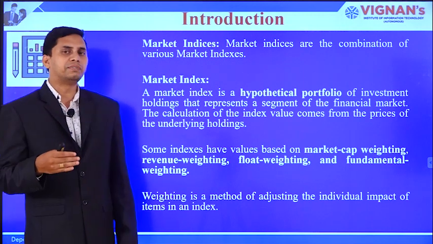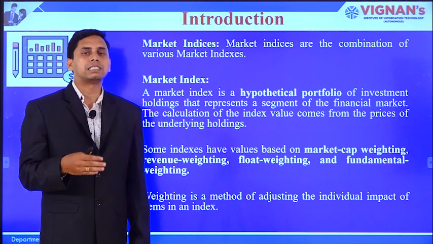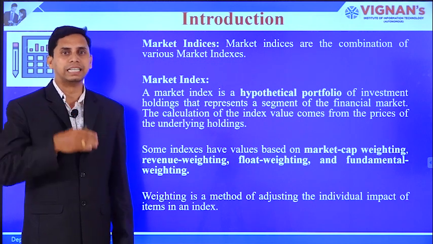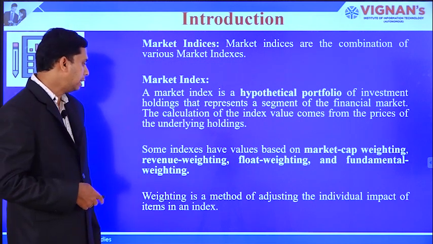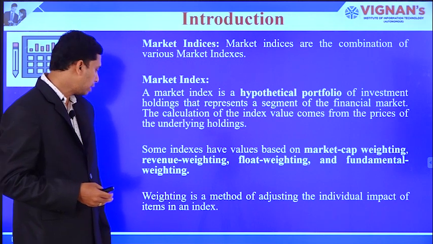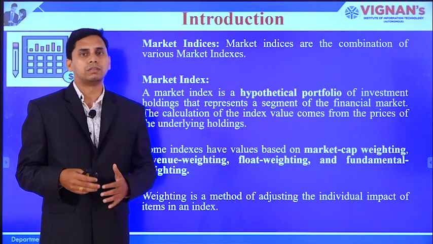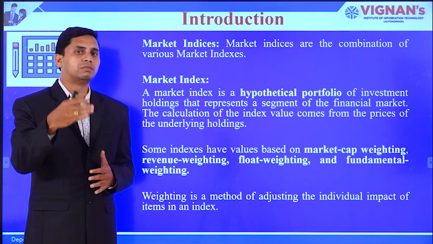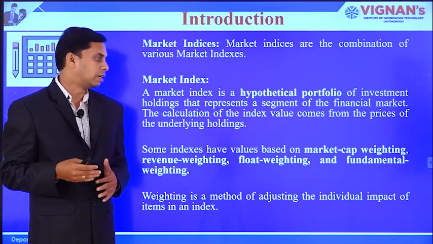These are the different weight parameters applied for the calculation of various indexes. Weighting is a method of adjusting the individual impact of items in an index. For calculation purposes we will use these weighting items.